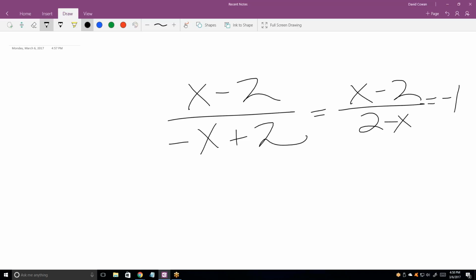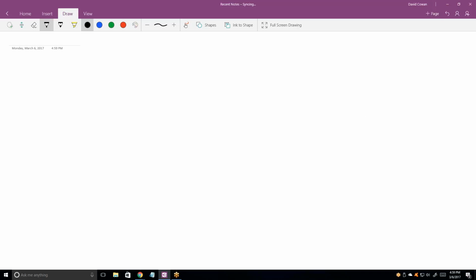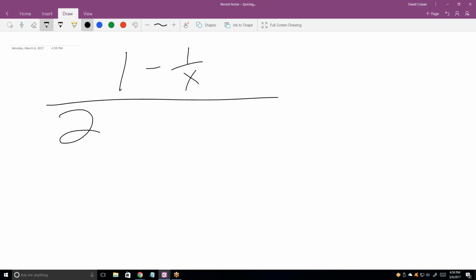It's finding a common denominator, no matter how complex it is. Even if somebody gave me a problem like 1 minus 1 over x all over 2 minus 3 over x plus 4 minus 7 over x, you can make this as complicated as you want and have as many levels as you want.